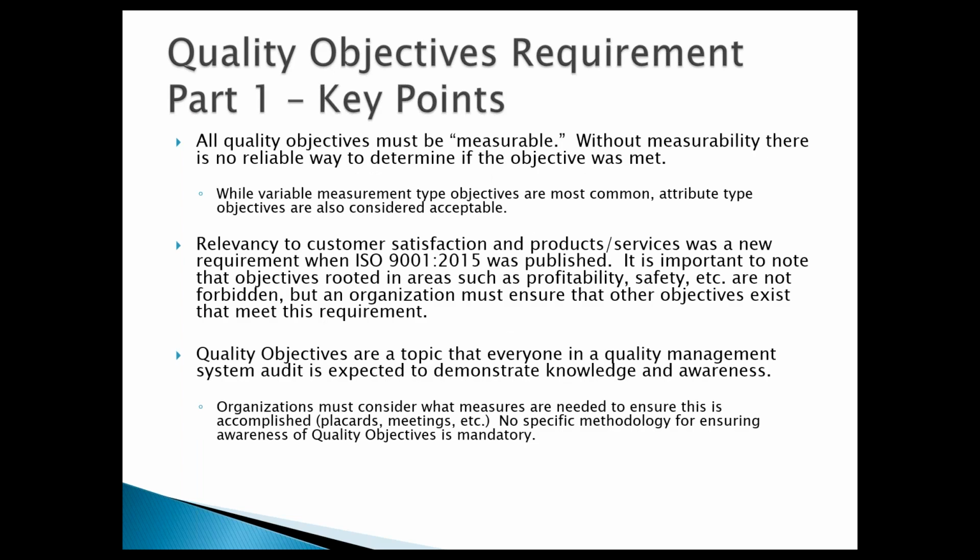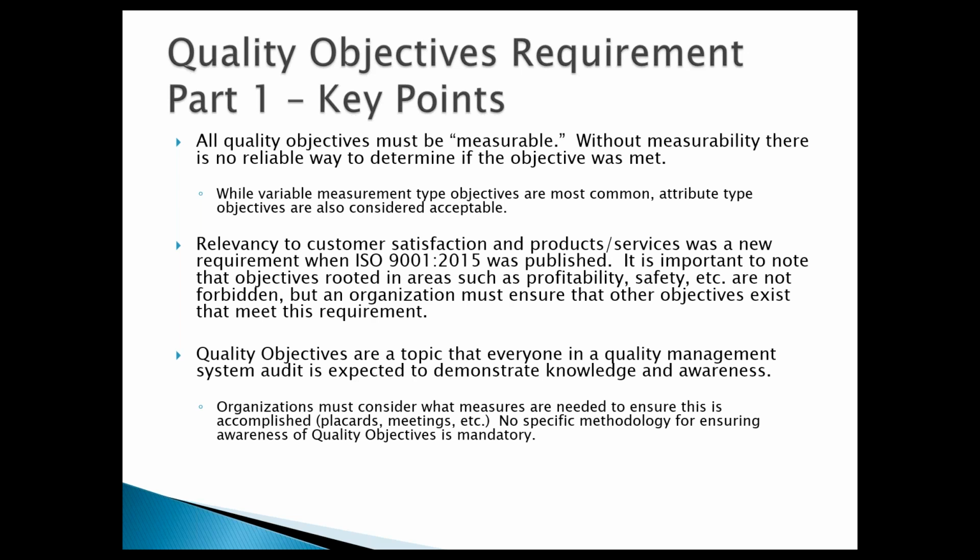First of all, this idea that they have to be measurable. In other words, you need to know whether or not the objective was met. It cannot be something that is just vague that you can't measure. Now, the most common objectives are going to be variable measurements, things like a rate of on-time delivery or a rate of scrap or things of that nature.